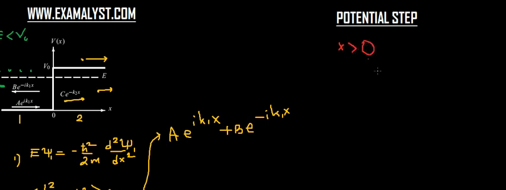So when x is greater than 0, the V naught value is more than the E value. So V naught minus E is a positive quantity. Remember, V naught minus E is positive. Why I said this will be clear now. Let's write this Schrödinger equation.